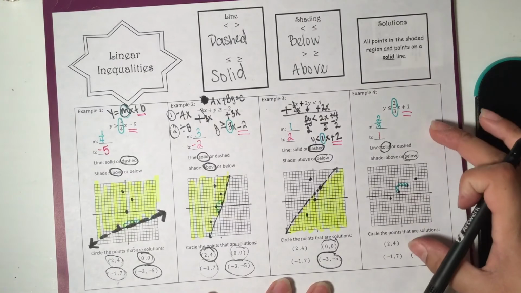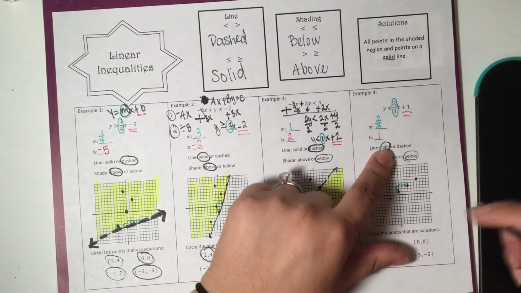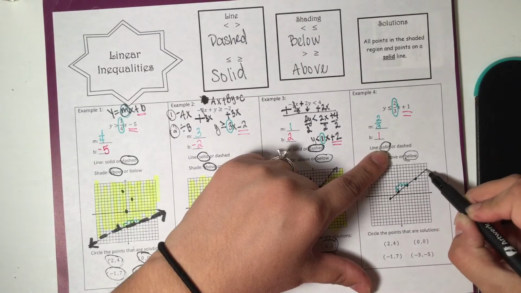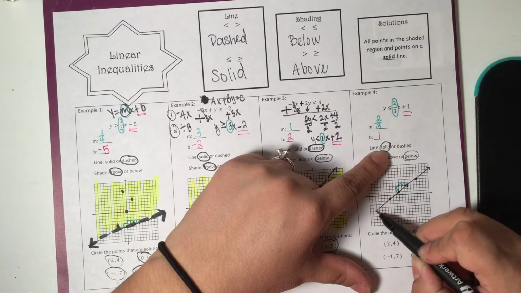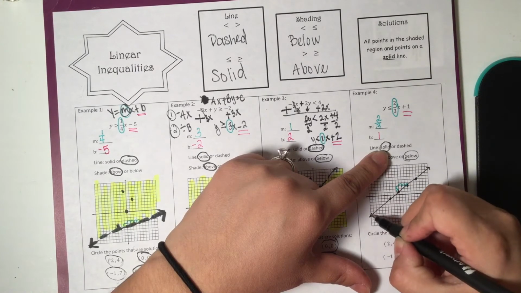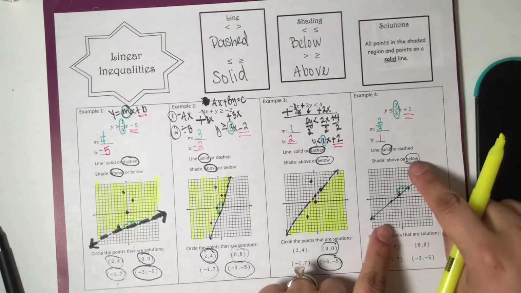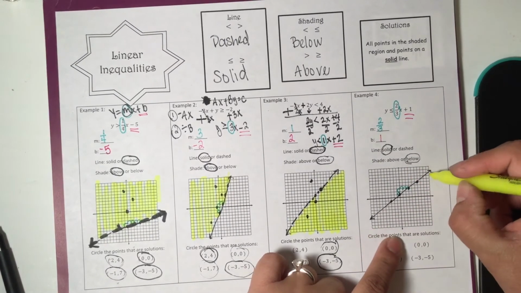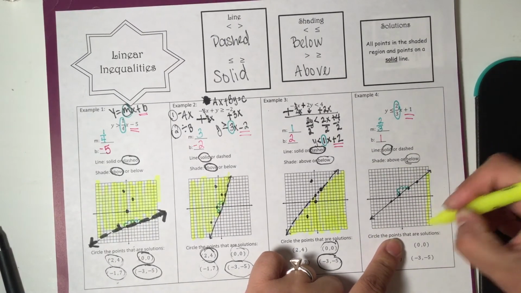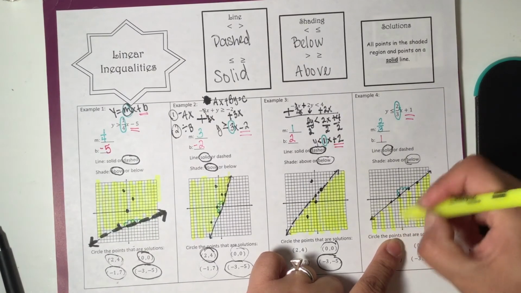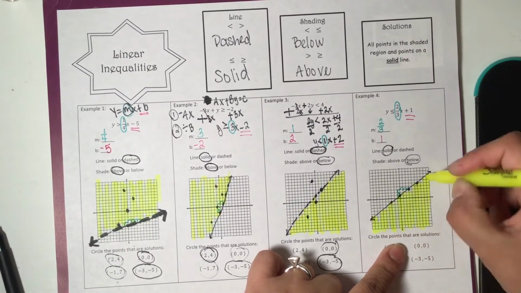Okay, so there's some reference points. Solid line, so I can just connect the dots. And lastly, to graph it, I'm going to shade below. So pen on the line, go down, down, down, down, down, down, down, down, all of this area.